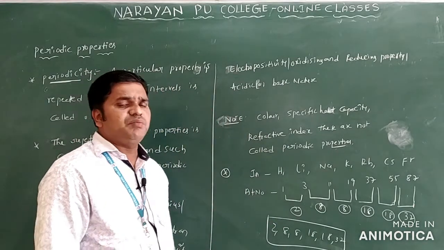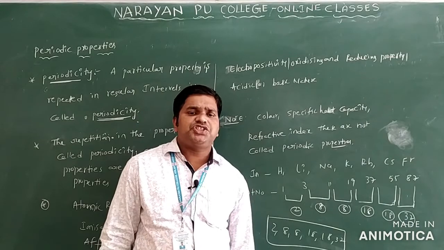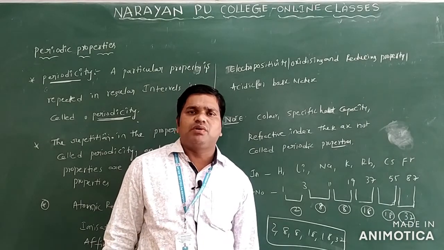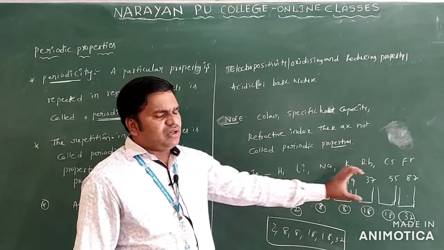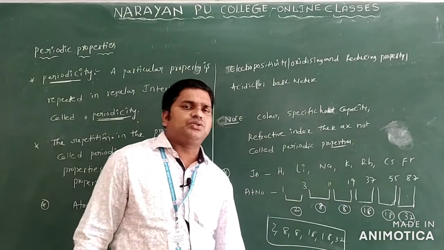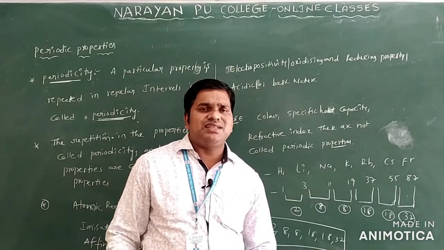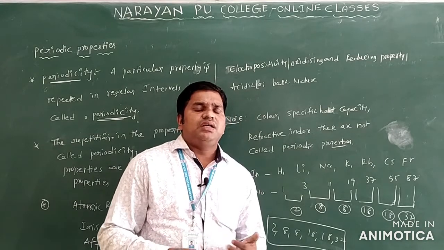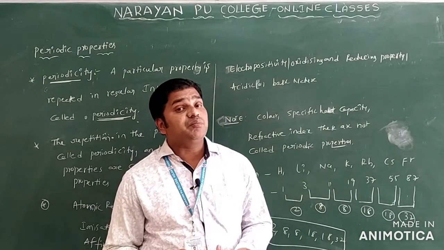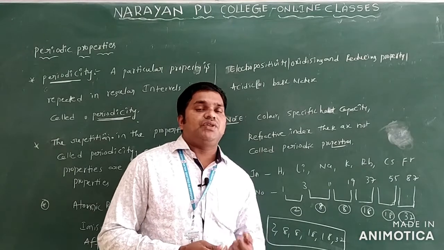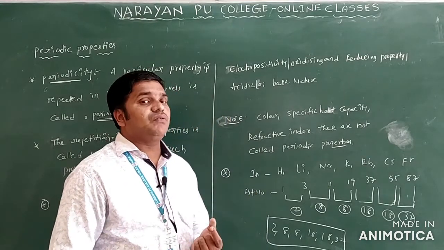Like that, if you take the second group elements: beryllium, magnesium, calcium, strontium, barium and radium, the differences in atomic number are again 2, 8, 18, 32. It is a repeated regular interval of atomic numbers.